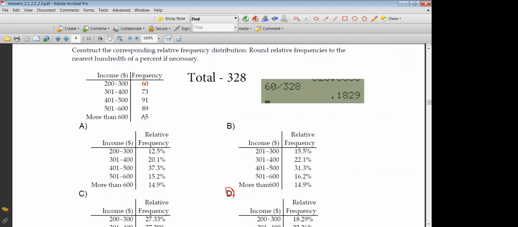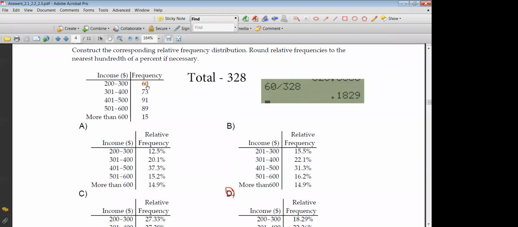In many problems in mathematics, especially statistics, they give you the information, but it's not thrown in your face. It's not obvious. To find the relative frequency, the decimal or the percentage, I have to know the total. Well, he doesn't tell me the total.